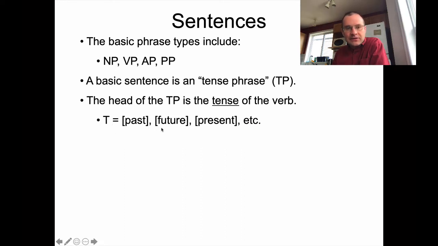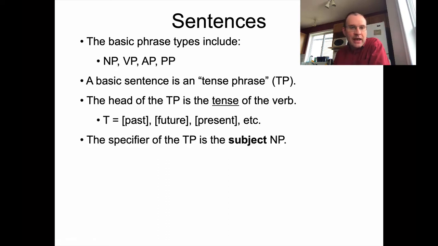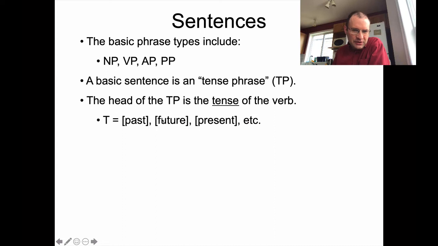So you can think of tense as like past, future, present, so on and so forth. There's others we can think about as well. But it's where in time the action or the verb is happening. So the head of this tense phrase is going to be the tense of the verb, and we're going to describe this. I've got this written out in three different types of what look like features here, like we saw in phonology.